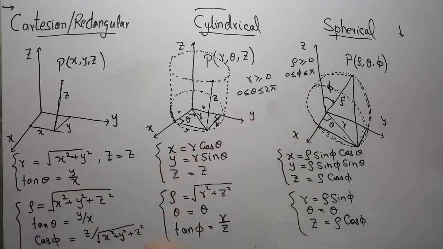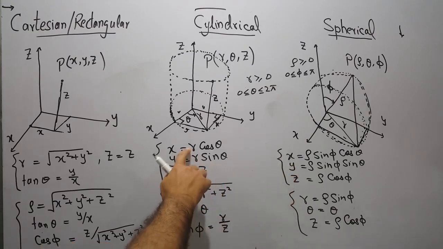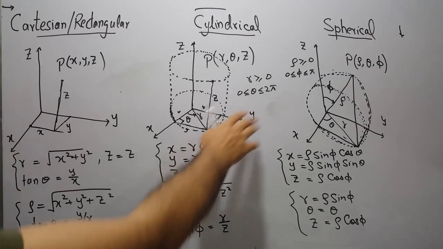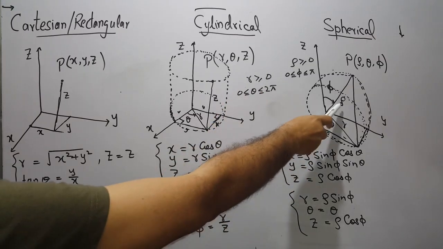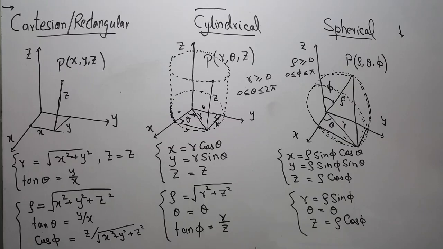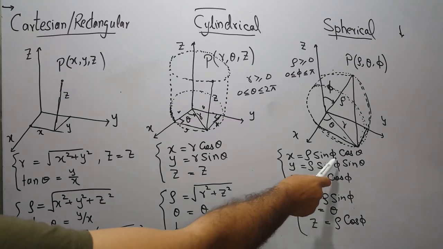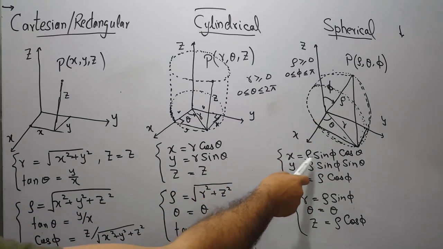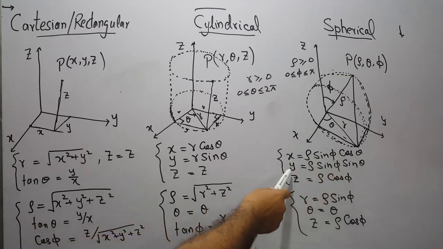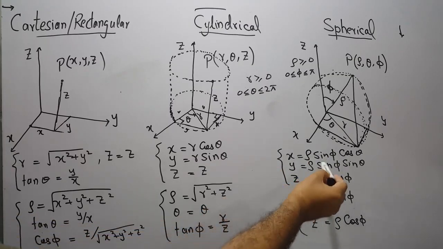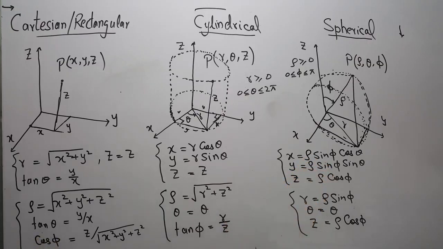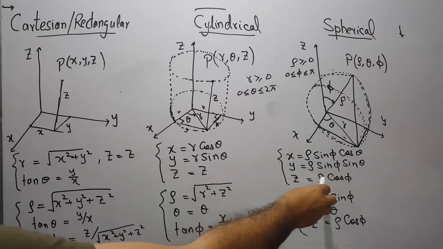Similarly, if you are given spherical coordinates, you can transform them into rectangular coordinates x, y, and z. For that, you know that x is equal to r cos theta. In spherical, your r is rho sin phi. So x is equal to rho sin phi cos theta, y is equal to rho sin phi sin theta, and z is equal to rho cos phi.